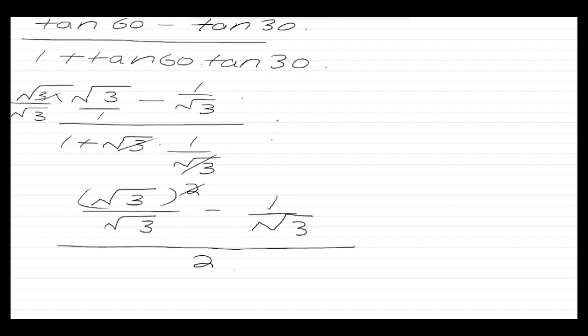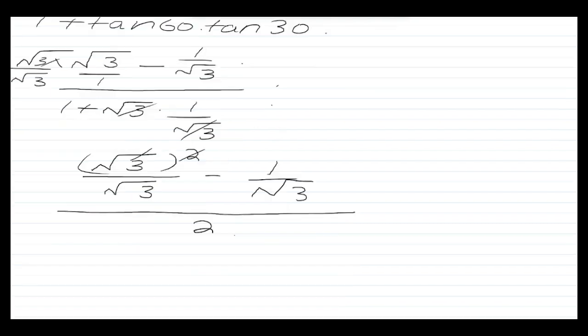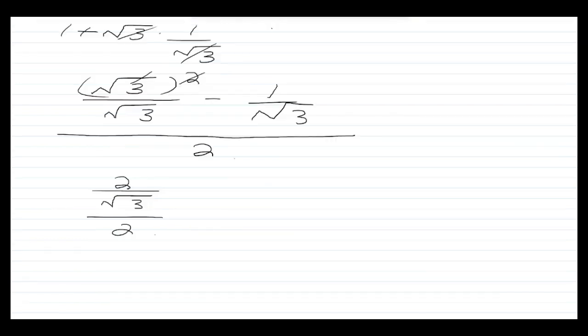Okay, so now this squared will get cancelled with the root, and what do we get? 3 minus 1, so that is 2. So we can basically write 2 over under root 3 divided again with 2. But we cannot write our final answer as this. This division will be converted to multiplication and the 2 will be swapped.